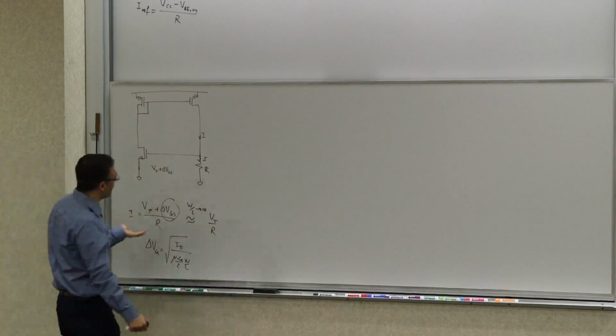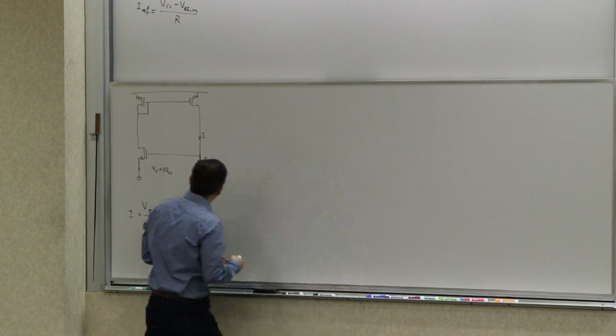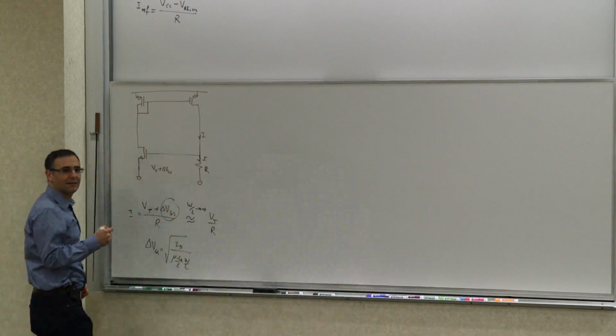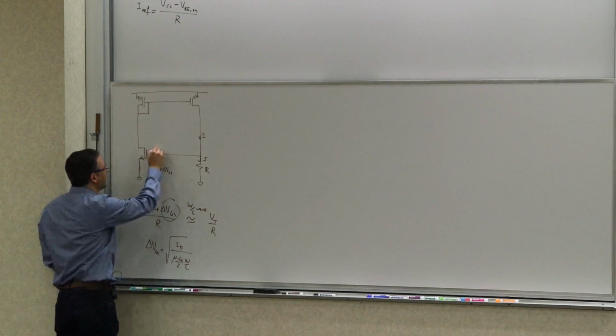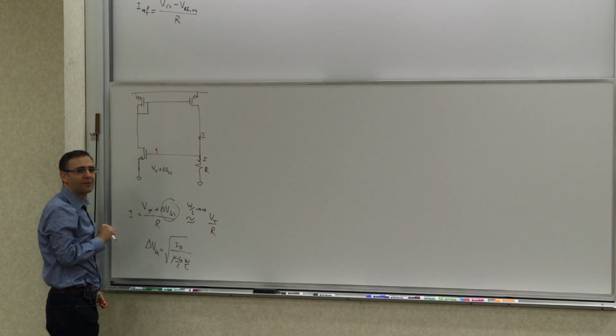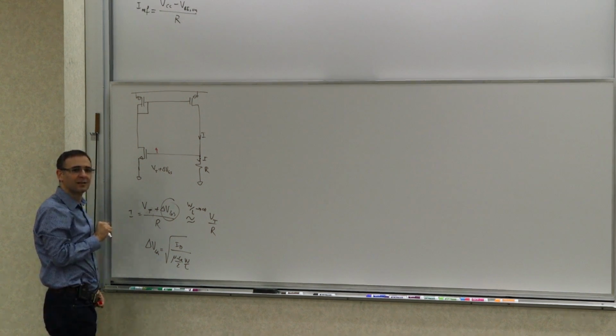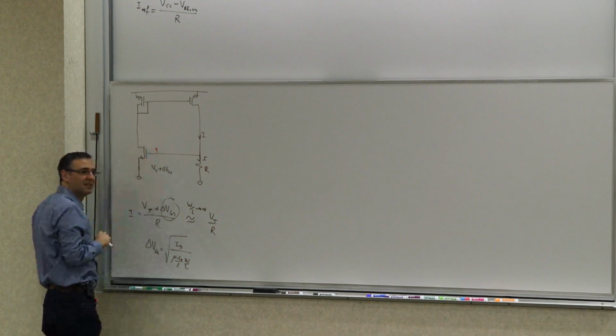Okay, but there's another problem with this, which we haven't really gotten into yet, which is the sign of the feedback in this thing. If this node goes up a little bit, from here to there, what kind of stage do I have? I have an amplifier, right? What kind of an amplifier is this, if this is the input and that's the output?